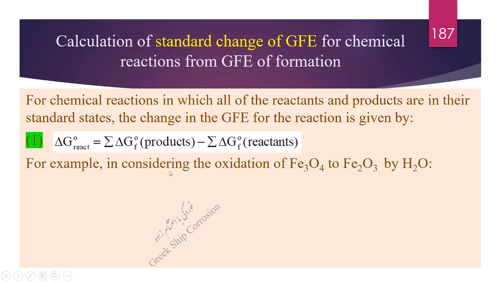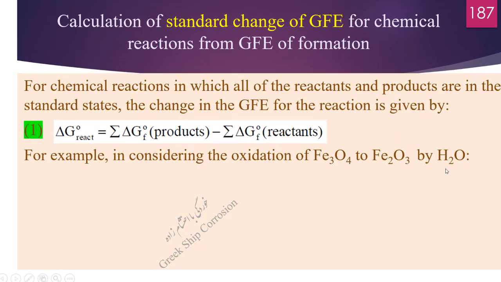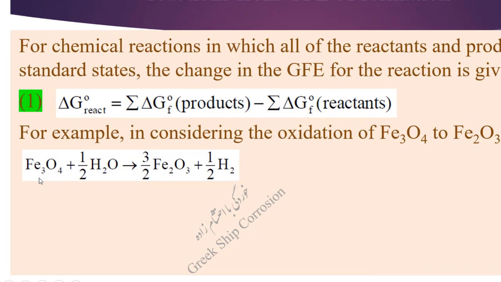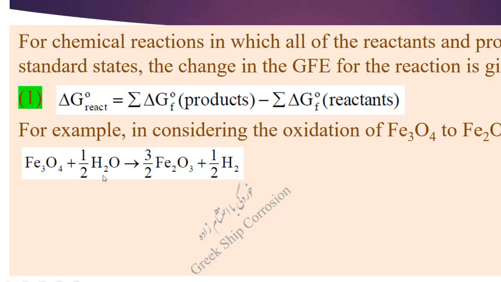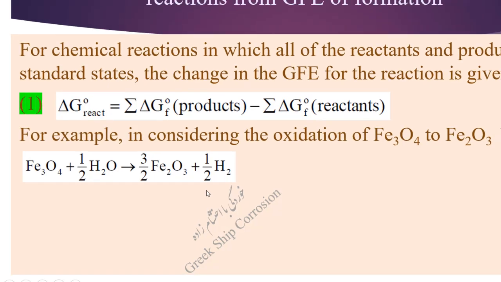For example, in considering the oxidation of Fe3O4, or magnetite, to Fe2O3, or hematite, by water: Fe3O4 plus half a molecule of water reacts to yield 3/2 molecules of Fe2O3 plus half a molecule of hydrogen gas.